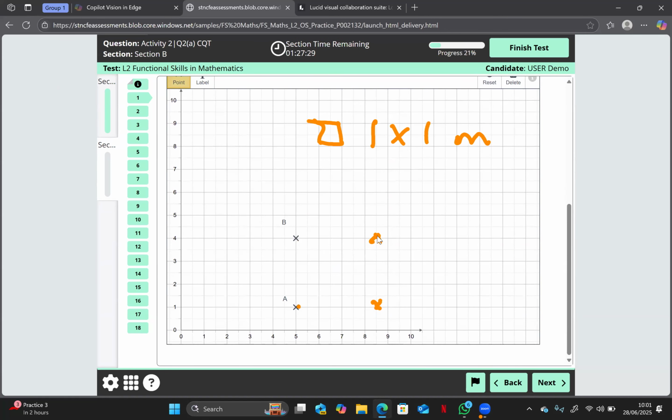So if we have to put it right there and not right there, we can rub this out. Not exactly where I wanted it, so what we're gonna do is duplicate this.